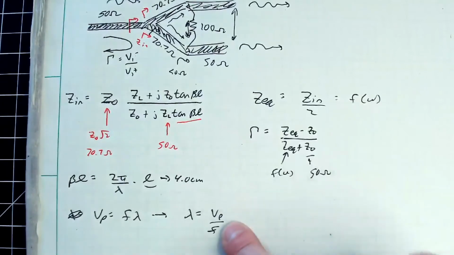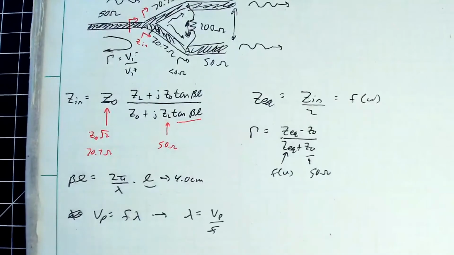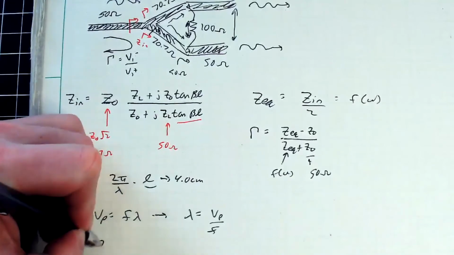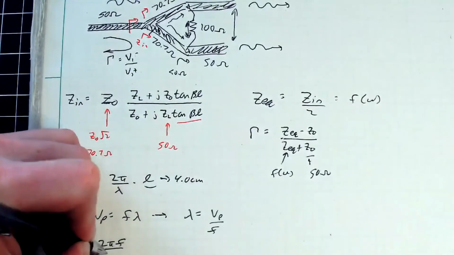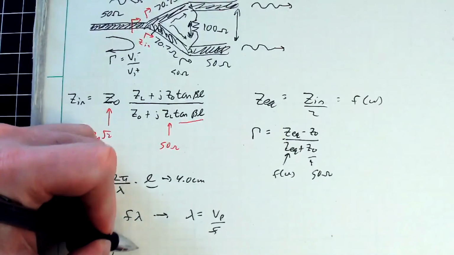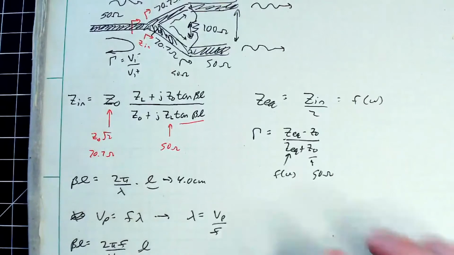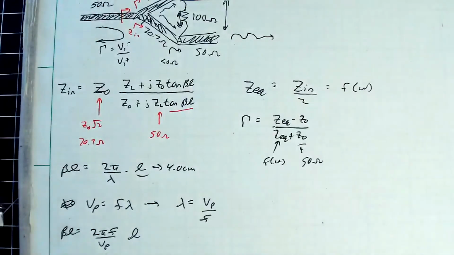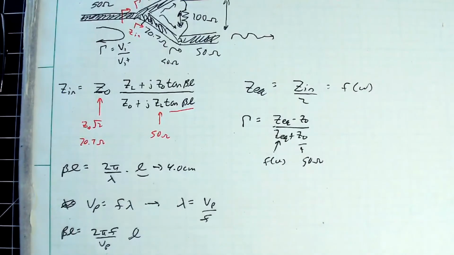So that's what we have to plug in here. That implies beta L is going to be 2 pi f over the phase velocity, times L. Now I know everything I need to put into MATLAB to get a frequency response out of this. So let's go ahead and do that.